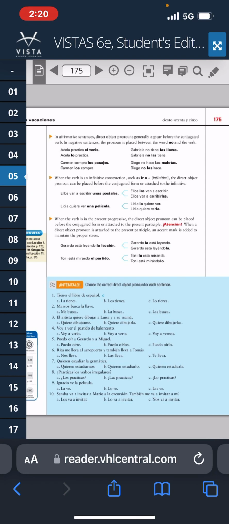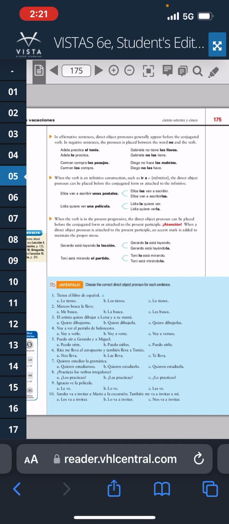Gabriela no tiene las llaves. Gabriela no la tiene. So it's kind of like breaking down a longer sentence into a more simple sentence. Adela practices tennis. Adela practices it. Gabriela doesn't have the keys. Gabriela doesn't have them.